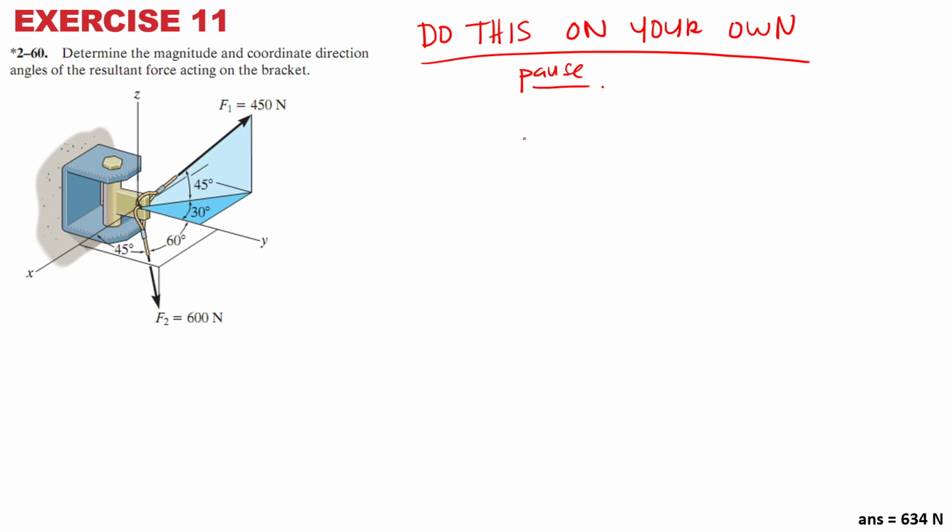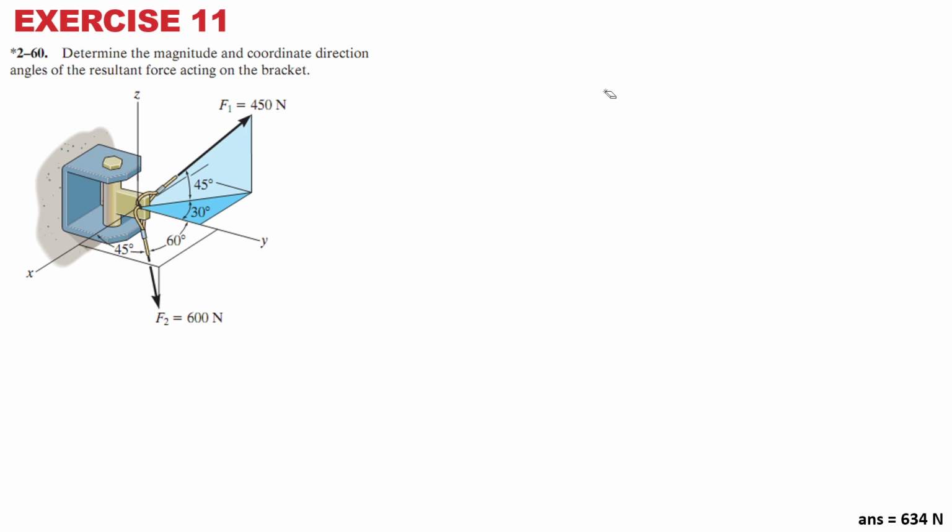Alright, so I believe you have done this on your own. Now it's time to check your answer whether it's correct or not. Okay. Which one is easy? Yeah, now we have combined. If you look at this angle, this one, this is actually alpha.